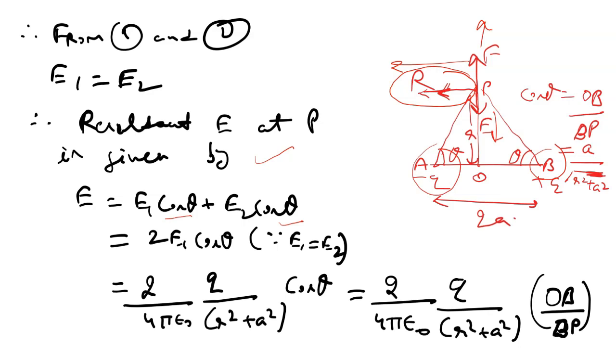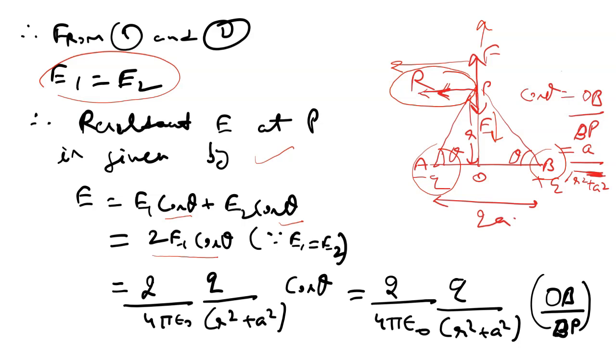Because E1 equals E2, it becomes 2E1 cos theta. Putting the value of E1 from equation 1, it becomes 2 upon 4 pi epsilon naught q by r square plus a square cos theta.